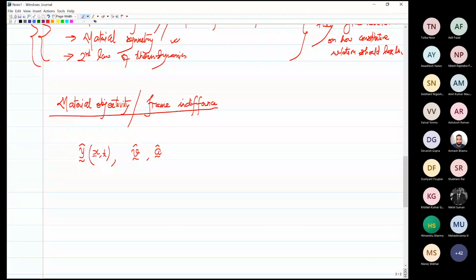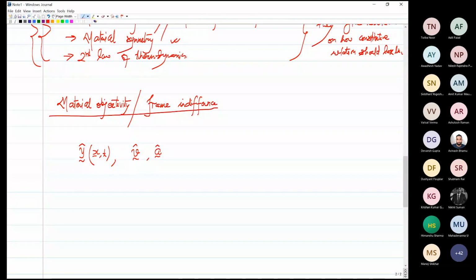Can you think of one such quantity? Density. Yeah, that is correct. Density is one such quantity. Anything else? Mass, yes. Temperature, very good.